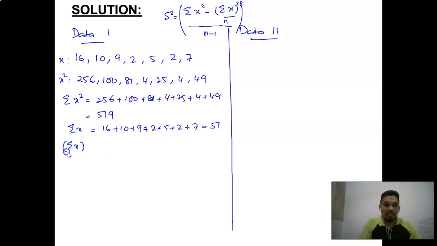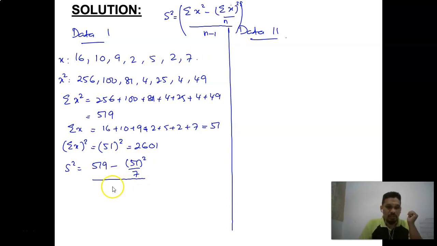So the summation of x in brackets squared is 51 squared, which equals 2601. So the variance equals the summation of x squared, 519, minus 51 squared, or 2601, divided by 7, and everything divided by 7 minus 1, which is 6.